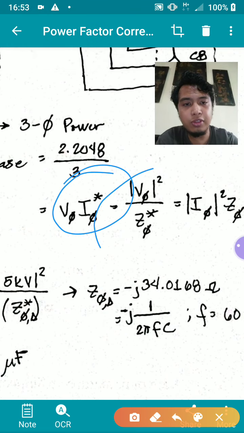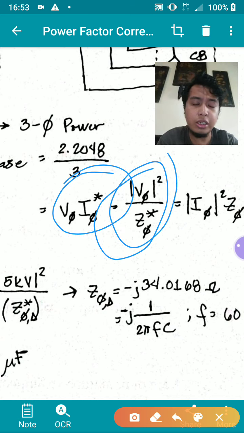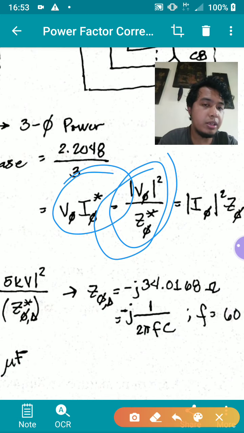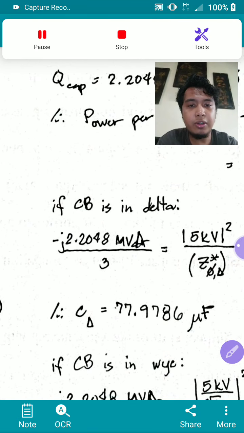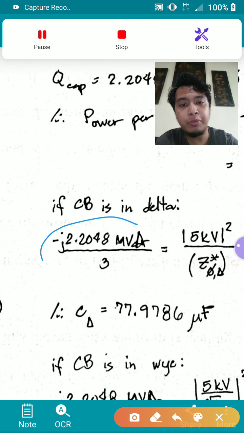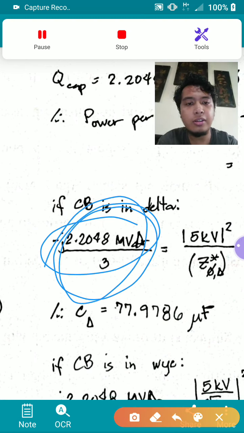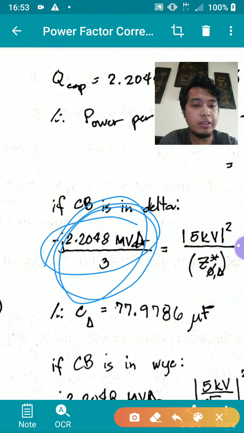You can also use V phase squared magnitude divided by Z conjugate, or I phase squared magnitude times Z phase. So if your capacitor bank is in delta, this is the power per phase, and this is equal to V squared over Z phase conjugate.